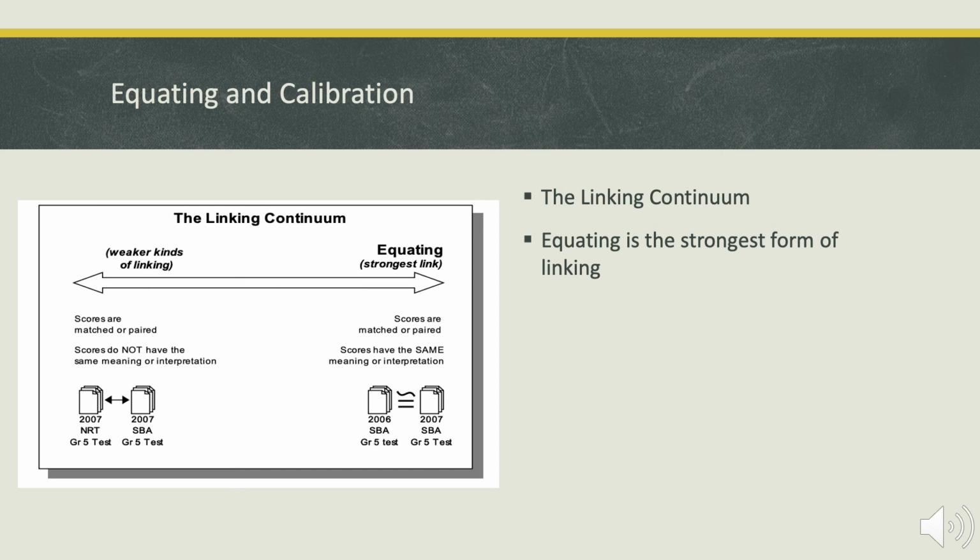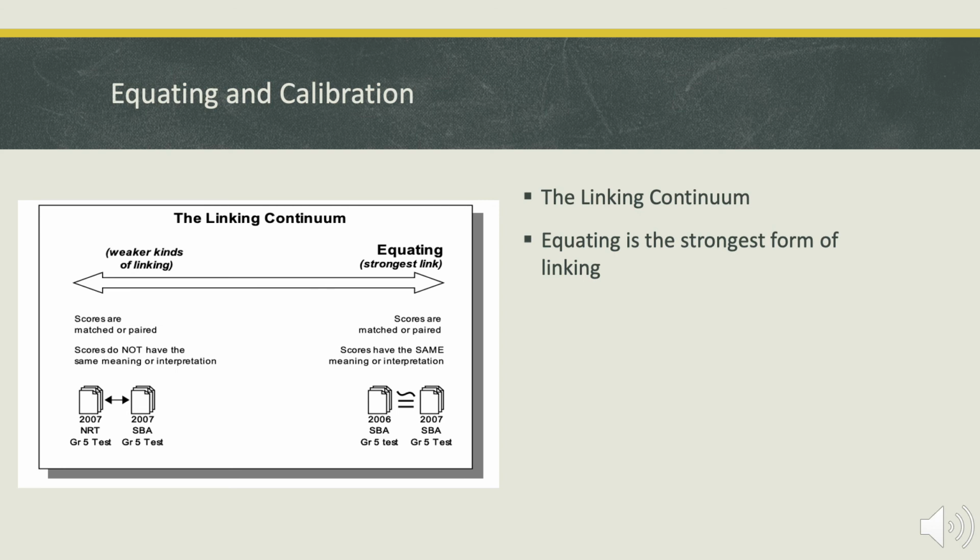Okay, so linking is different from equating, and it doesn't have the same interpretations that are supported by equating, but they use some of the same procedures. In both linking and equating, the scores on one form of the test are matched or paired to the scores of the other test form.